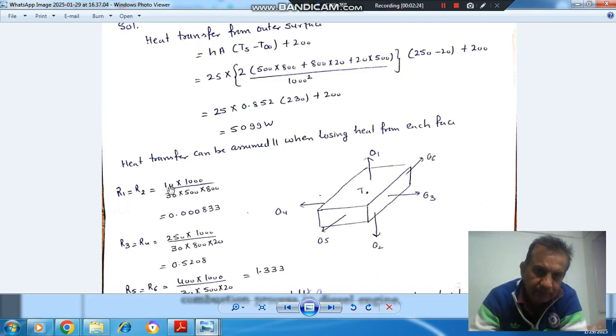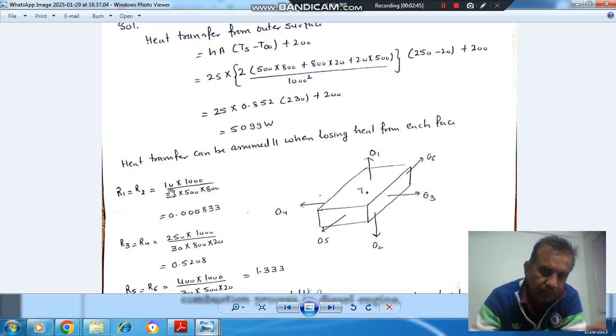So X is 10 and area is 500 into 800. If we convert this into meter, we have to divide 500 and 800 by 1000 square, and to convert 10 into meter we divide by 1000. So 1000 you can cancel.